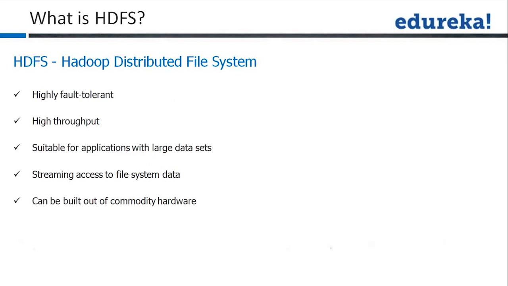Samir is asking me to explain streaming access again. Samir, in cases where you're writing once and reading the data in one shot, where reading the complete amount of data is more important, the time taken to read the complete data is more important than the time to fetch a single record from the data. That is what streaming access is. Like a YouTube video, it's not important that you seek a particular point in that video.